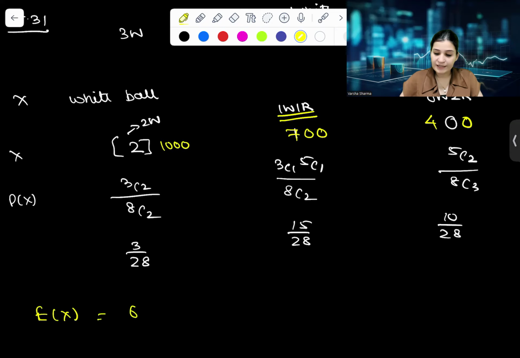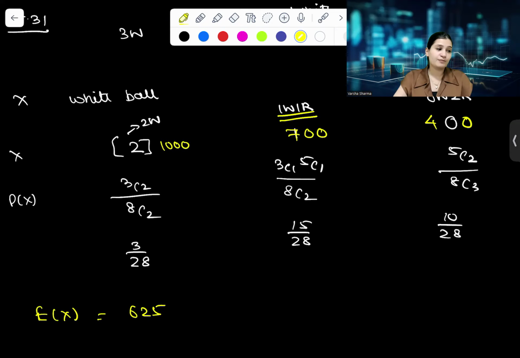₹625. And it said that in order to play the game, we had to pay 400. So even if I remove my participation fee, I still have a profit of 225 rupees. That means, should I play the game or not? Yes, I should definitely play the game because there are more chances for me to take the money home.